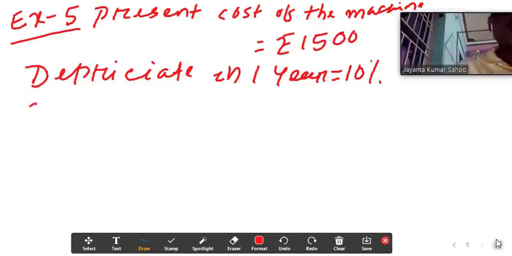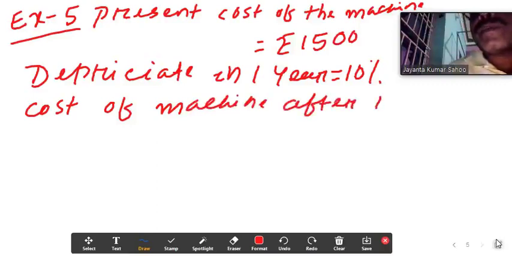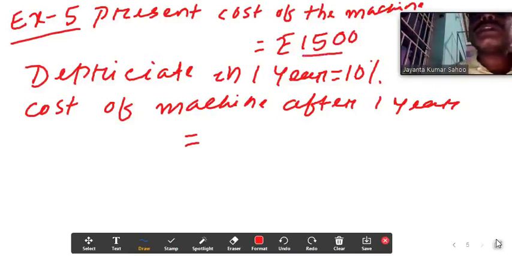So what will the cost of the machine be after 1 year, equal to depreciating 10%, and the formula is given also, present cost into, that means the present cost, how many rupees it is. The present cost is given, that is 10,000 rupees, sorry, here it is given that the present cost is 10,000 rupees.